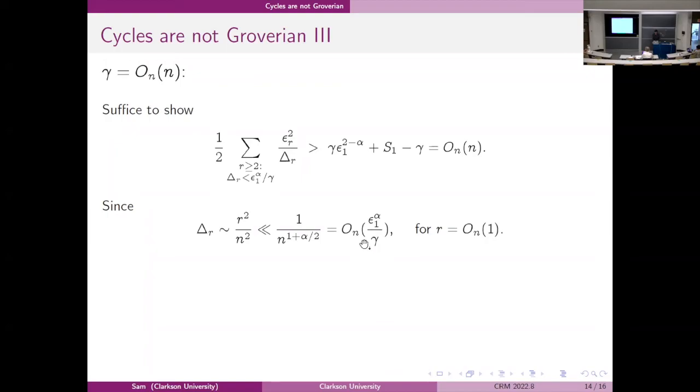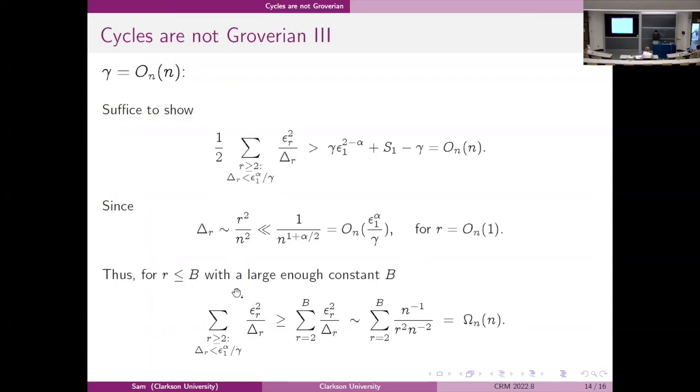Okay, so what does it mean? It means I can just use finitely many terms of R here and replace this summation. So this summation would be bigger or equal to summing R from 2 to B, some constant number, of epsilon R squared over delta R.